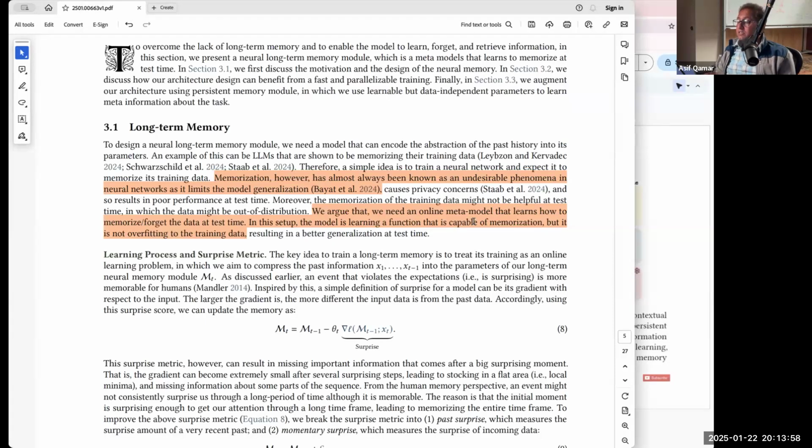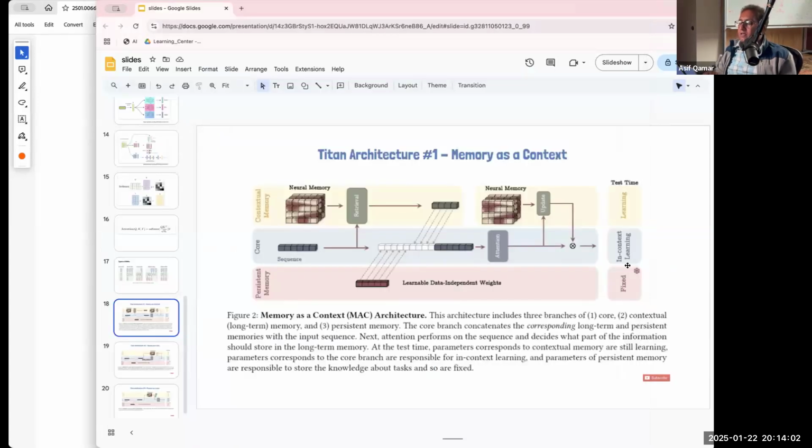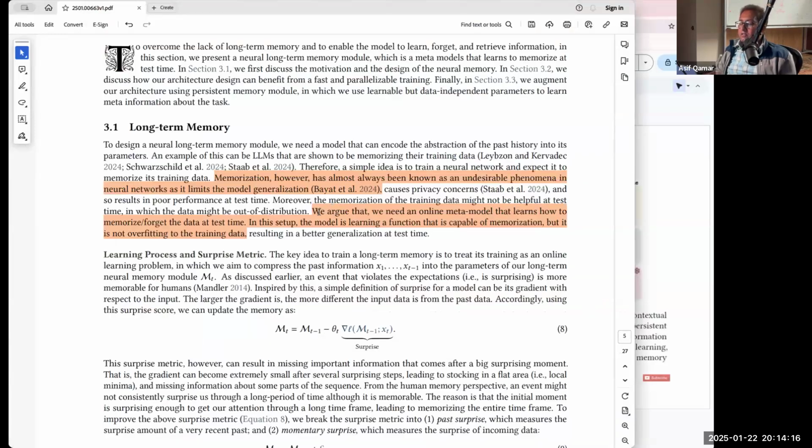That's the key. How is it happening? We know there is a clear separation of memory and the actual reasoning, which happens in the attention layer. So this statement makes sense to me.